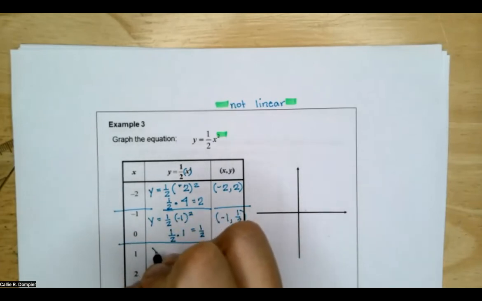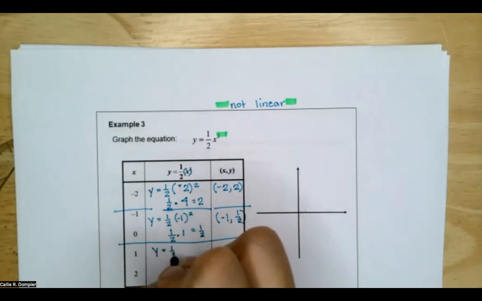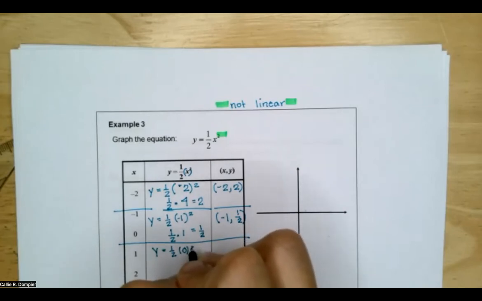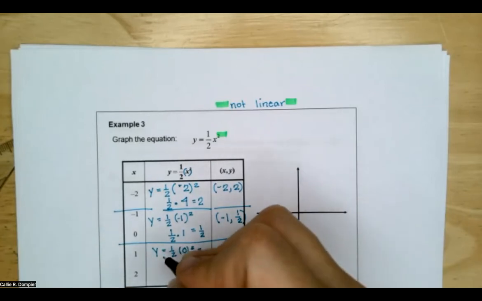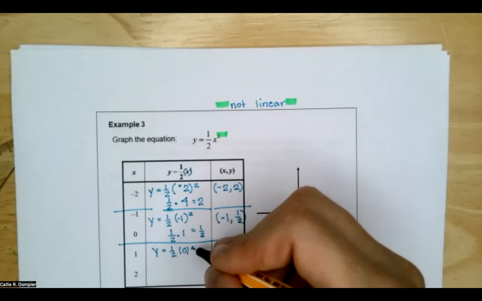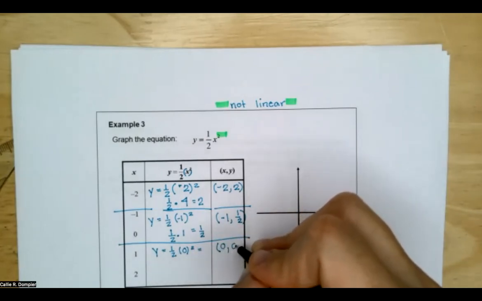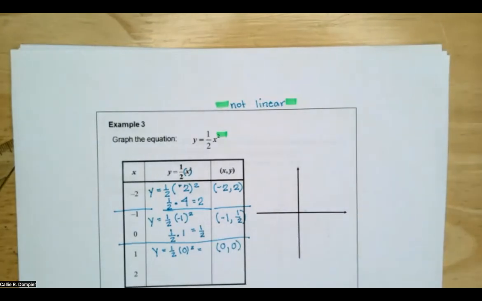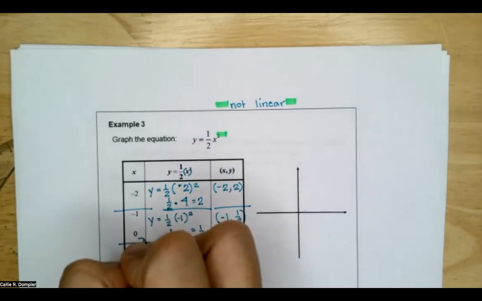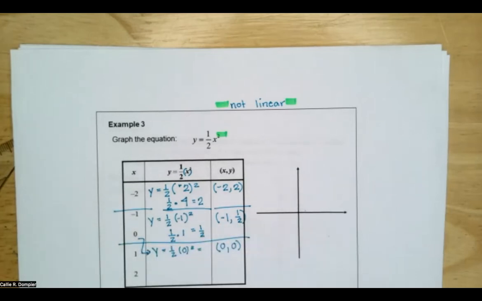When x is 0, 0 squared is 0, times 1/2 is 0. So that's the point 0, 0, right? Because 0 multiplied by anything gives us 0. When x was 0, y then becomes 0.